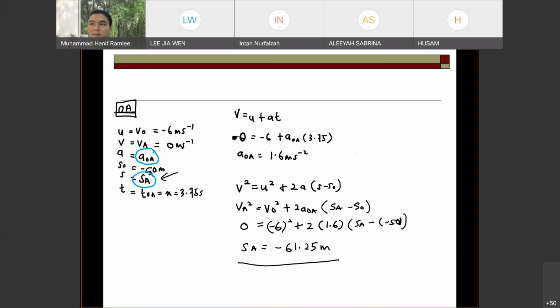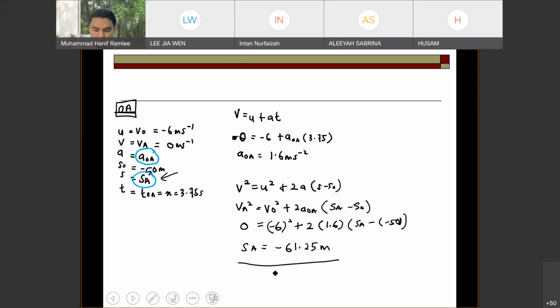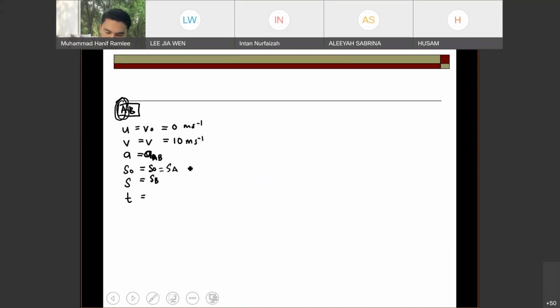So this one we can put as SA, because we have the initial A here. So you can get it from the previous one, which is negative 61.25 meter.